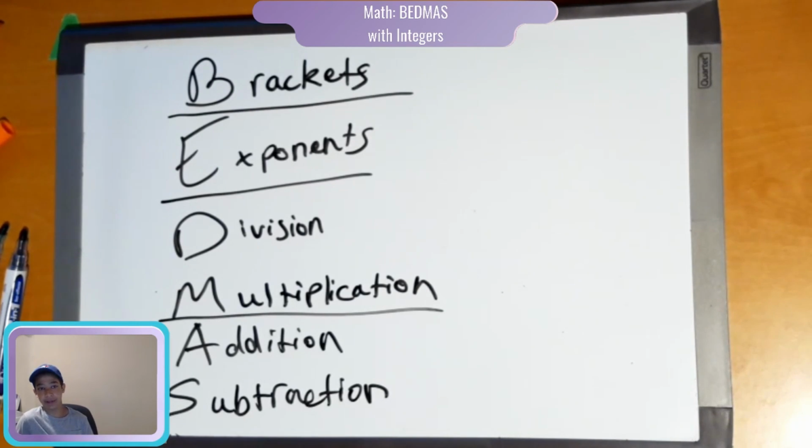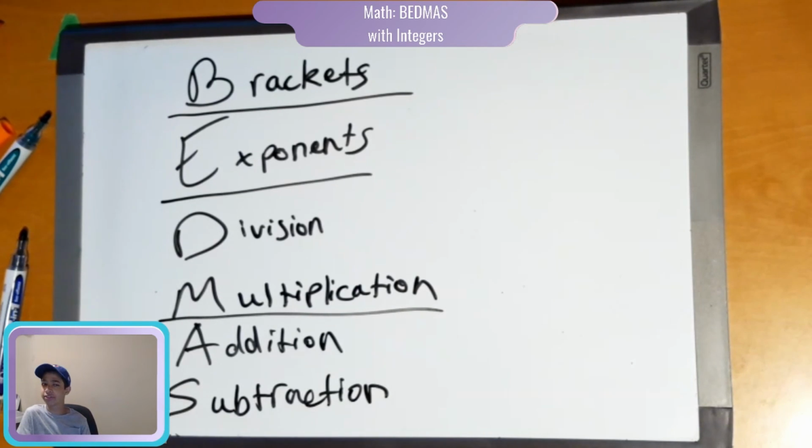BEDMAS is an acronym that we use to remember the order of operations. It starts with B, which stands for brackets, then E, which is exponents, D, which is division, M, which is multiplication, A, which is addition, and S, which is subtraction.